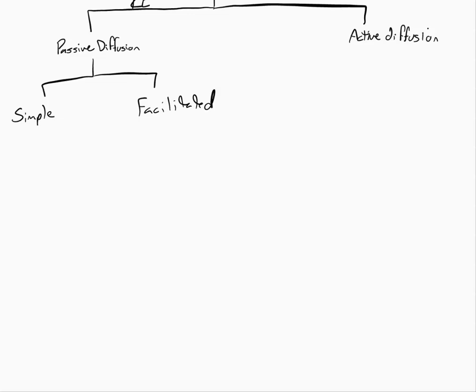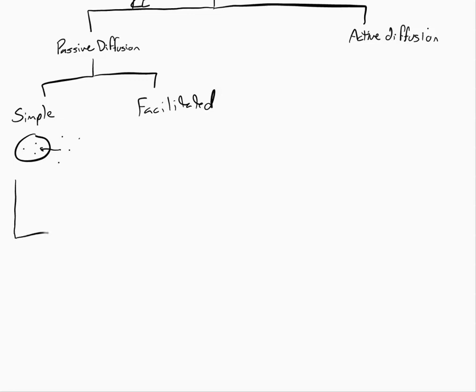So as the concentration on the outside of a cell of a specific ion is higher and inside the cell gets lower, it will just allow diffusion directly through the membrane to even out those ions.